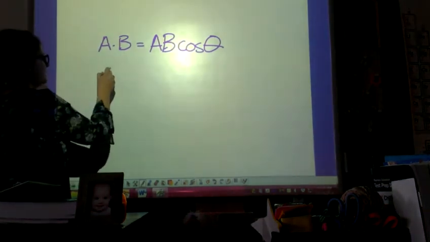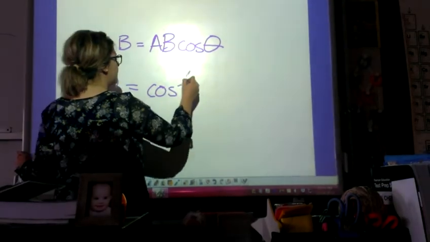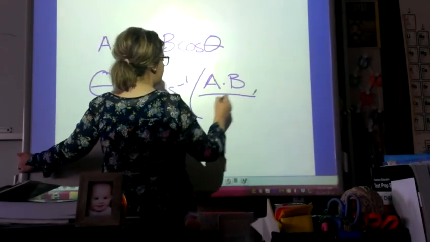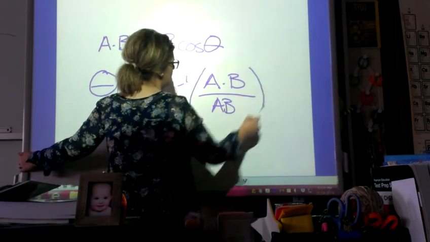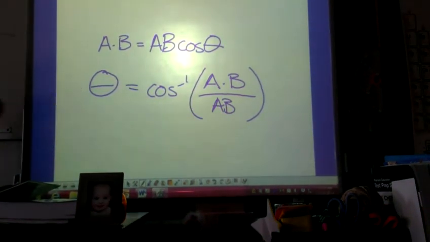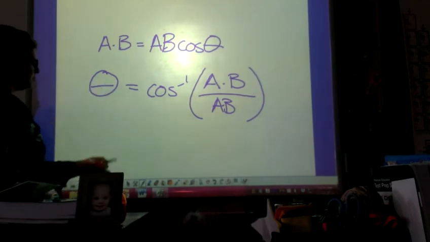So if I'm asking you to find theta, it's going to be inverse cosine of A dot B over the magnitude of A times the magnitude of B. Okay, I want you to make sure that you include that and write that down, just because a lot of times I will ask you to find that angle in between.